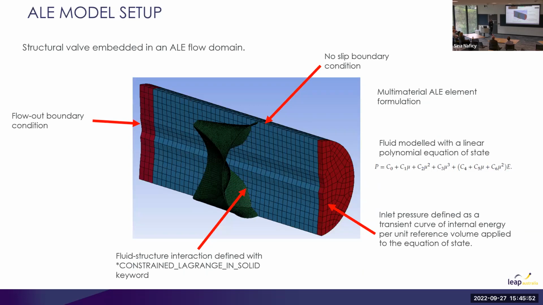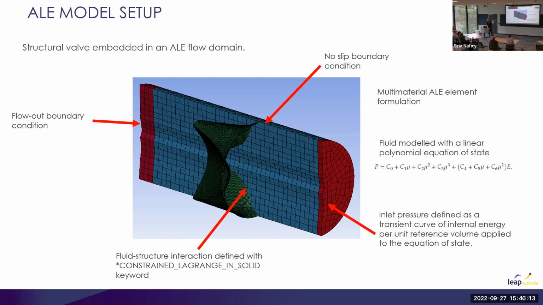So how does ALE work? These are the ALE elements. They're a multi-material element. Each of those elements can have multiple materials inside it at once, and the material flows through the mesh. The mesh is static, and material flows through it like in CFD. We have a flow-in domain, or a pressure inlet, and then a pressure outlet.